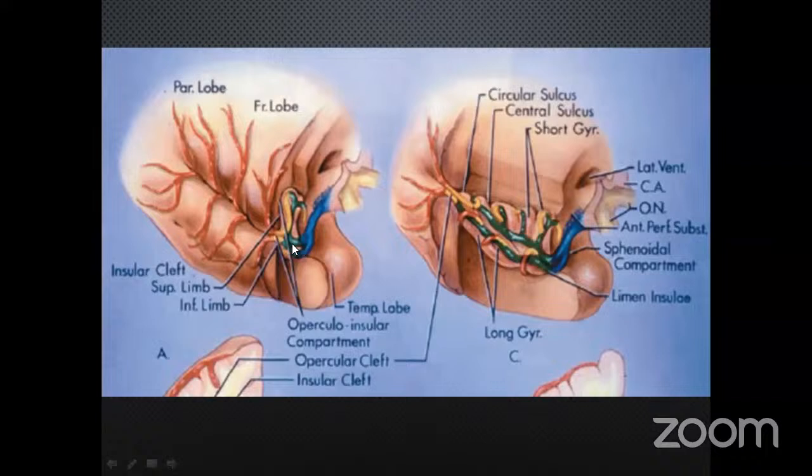Here it takes the 90-degree turn and goes in the Sylvian fissure. And then from there, it takes the 180-degree turn and becomes the M3, which is the yellow part. And then again, it takes a 180-degree turn and goes towards the cortical surface. So M1, M2, M3 or the opercular, and M4 or the cortical branches.